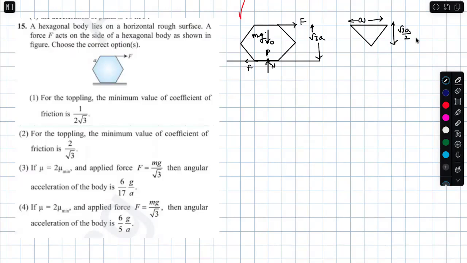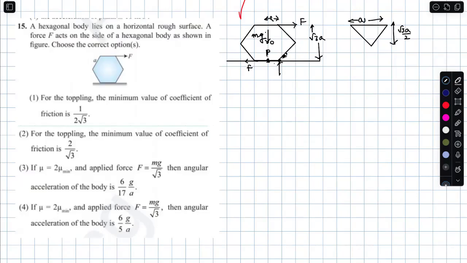Any doubts? This point, till this point. So two such triangles are there, each root 3a by 2. And you already know this distance is a by 2. You know, for toppling, the normal reaction should act at this point.